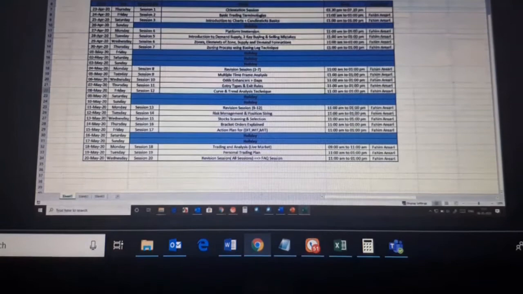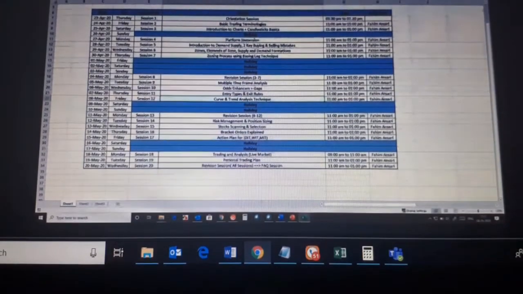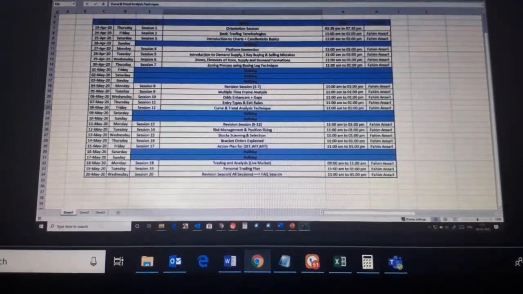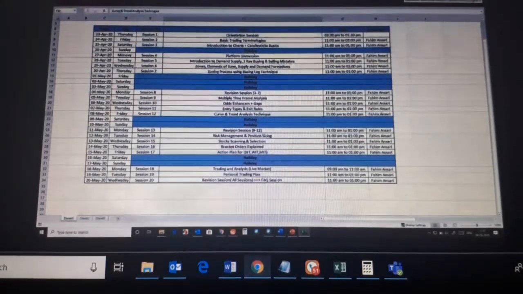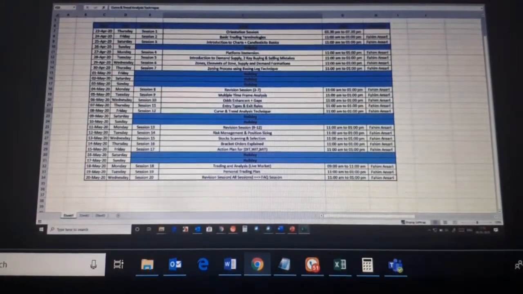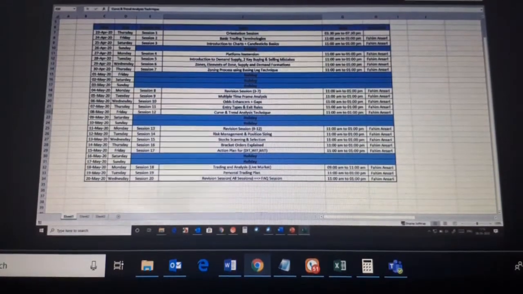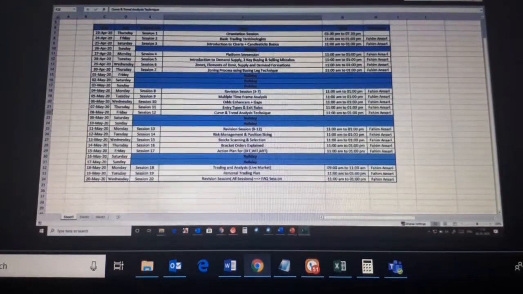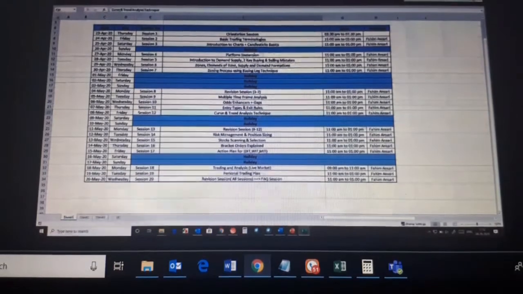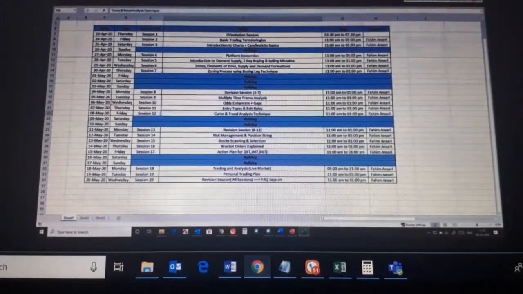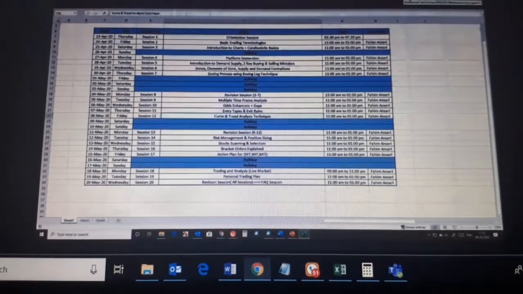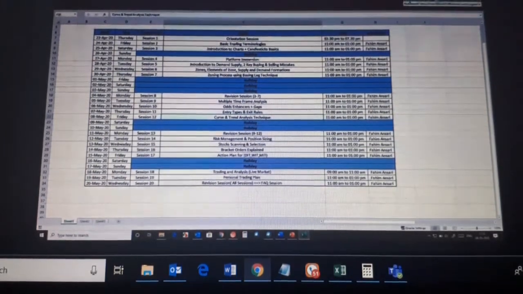Similarly, in case of a supply zone, you have to add 2% to that distal line so that you can get the value. If you don't have the daily ATR tool, you can use the ATR tool which is available in Trade Tiger. For the ATR tool, you have to go on the daily chart and look at the previous candle. If you are looking for the ATR for today, then you have to look at yesterday's candle. Okay, so this we have done.